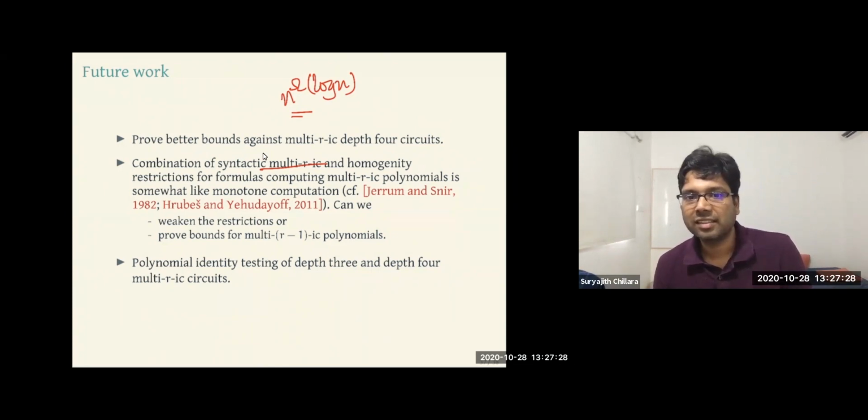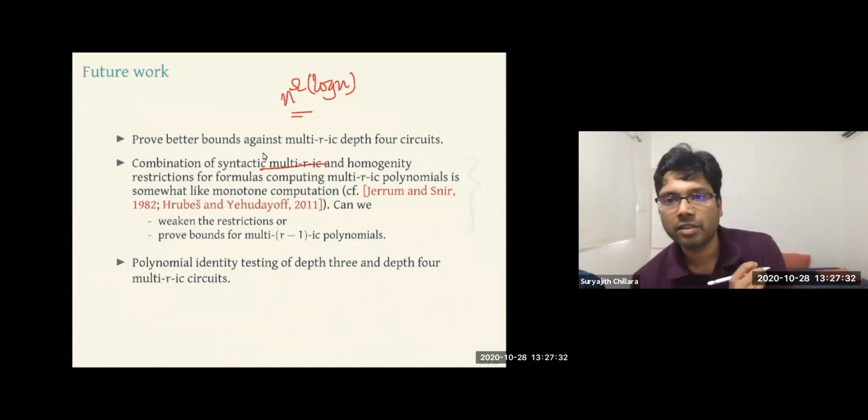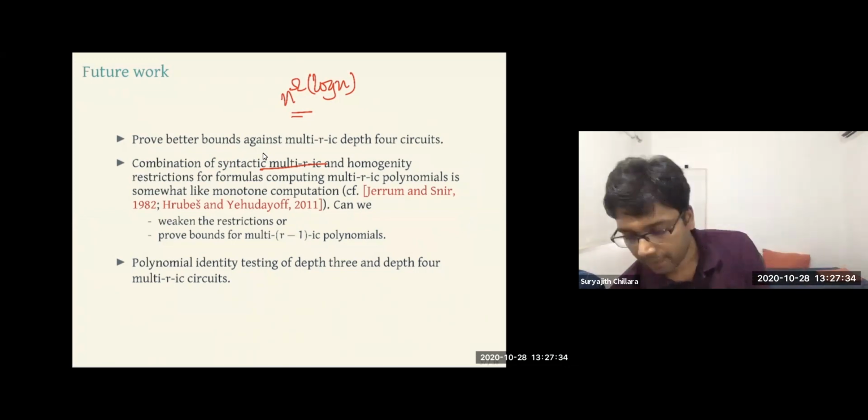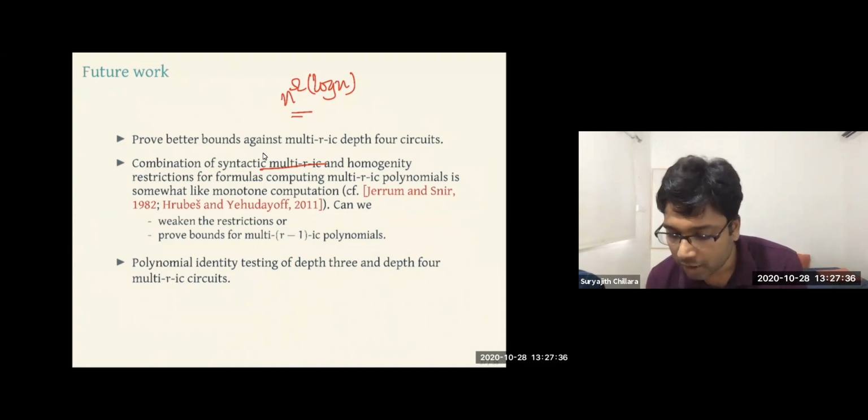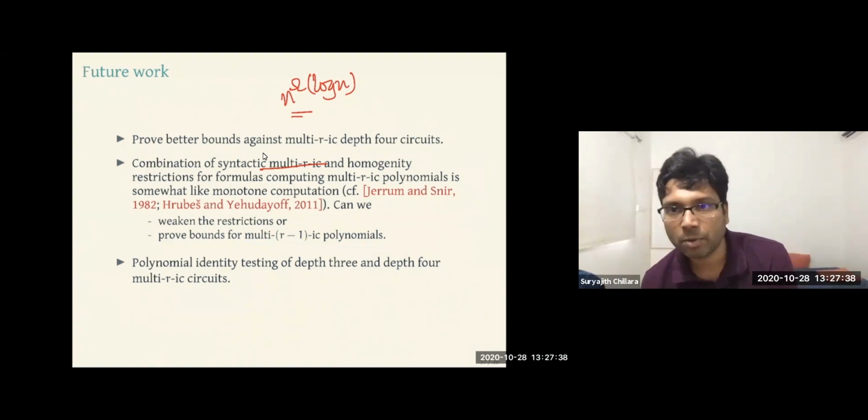So can we do better than that? Can we weaken the model of computation, in the sense that can we compute multi-arity r-1 polynomials using homogeneous multi-arity formulas, for a start? Or weaken the restrictions of homogeneity or syntactic multi-arity.